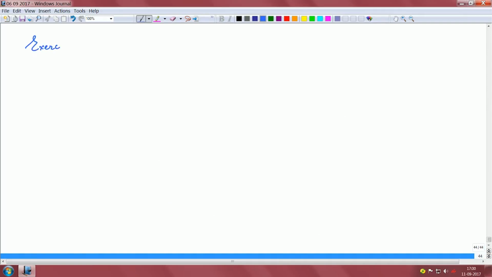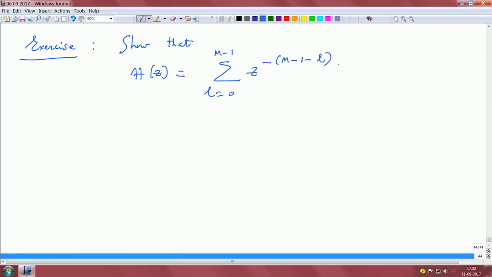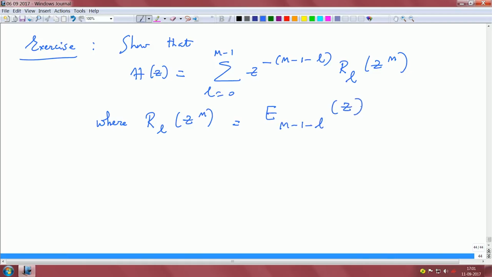Now one of the homework exercises is to show that there is an alternative representation to this filter, which is termed as type 2 polyphase, given by this representation, where you look at the permutations of the filters EL of Z, and then you connect them to the original filter.